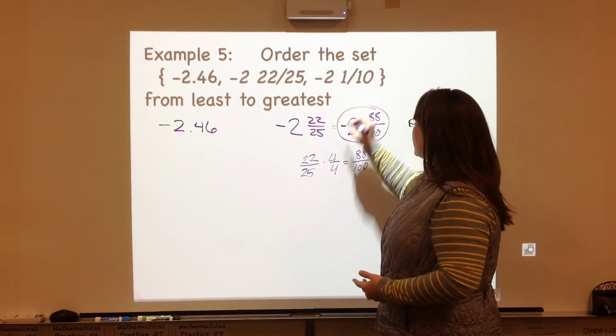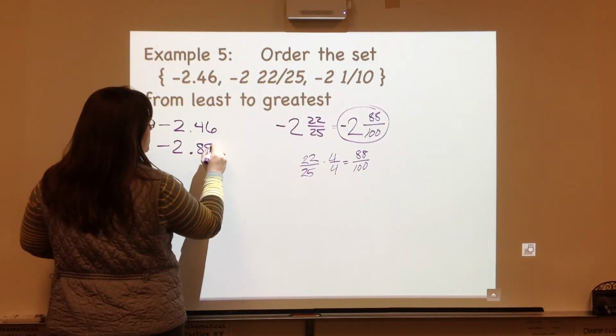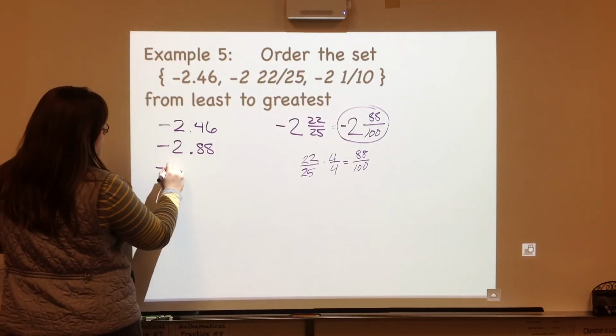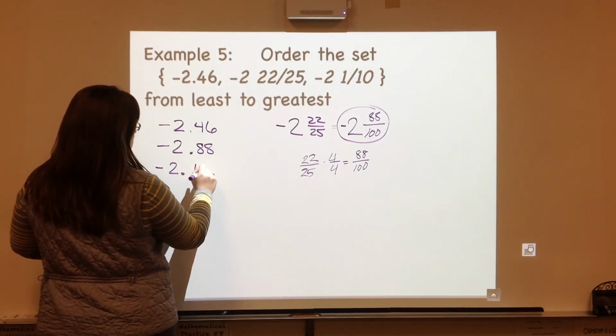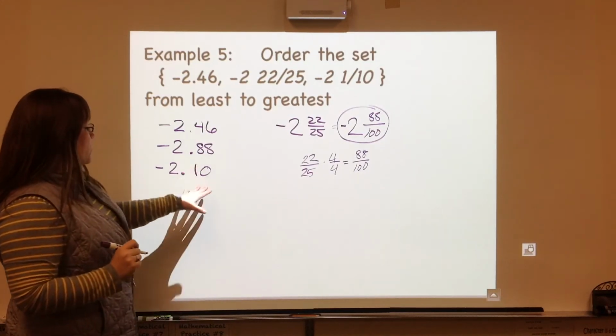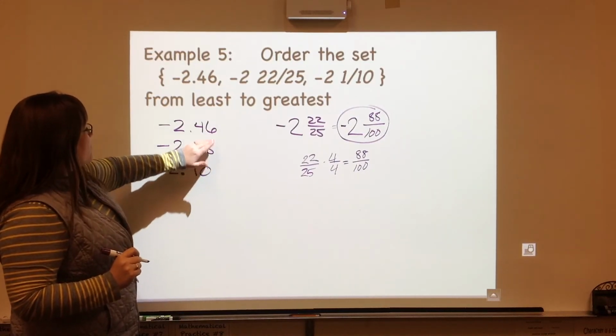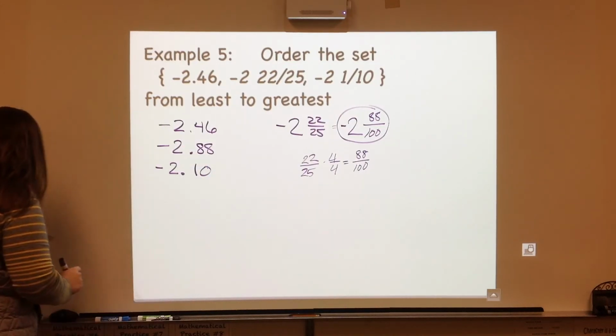All that to say, we are dealing with the decimal -2.88. The last one hopefully is easy for you because 1/10 as a decimal is simply 0.1. I'm going to actually put it as 10 hundredths, so that I have 2 digits in each decimal to the right of the decimal point.